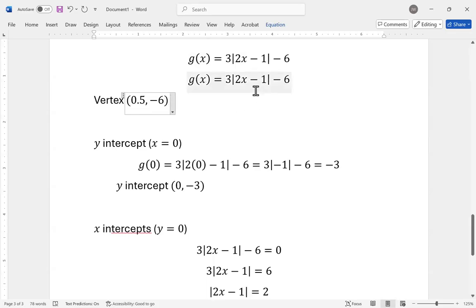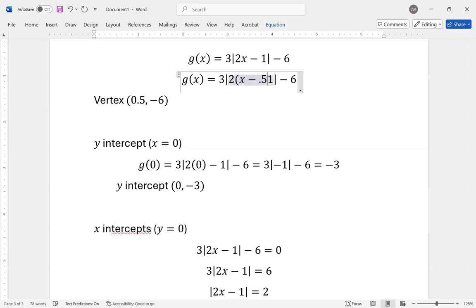The reason it's not at 1, -6 is because of the stretch in 2 times x minus 1. Technically this horizontally stretches by 2 before we shift over 1 unit, and that's throwing things off.